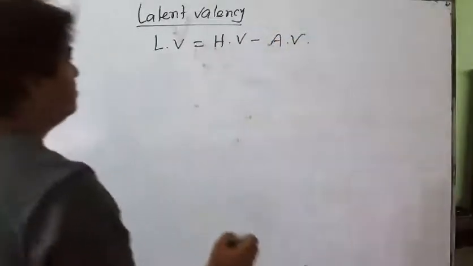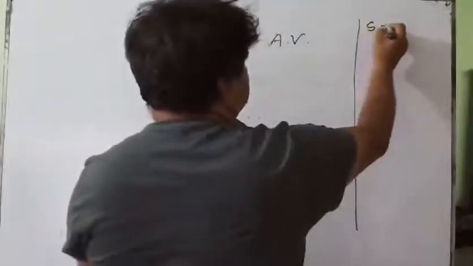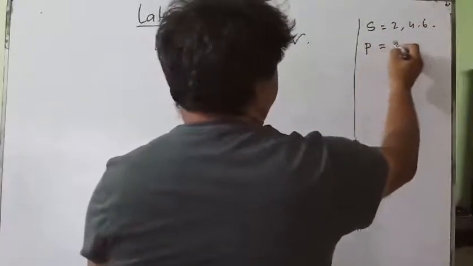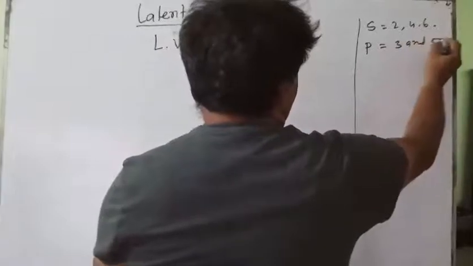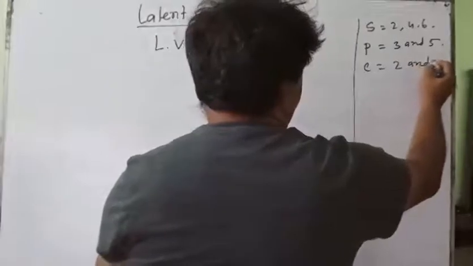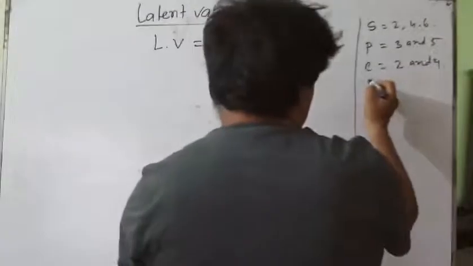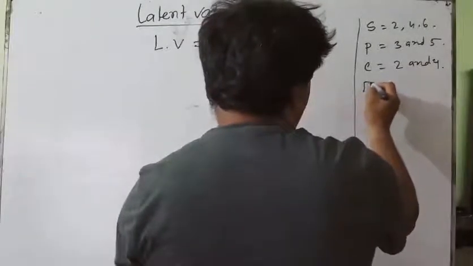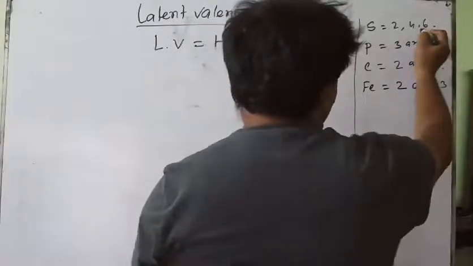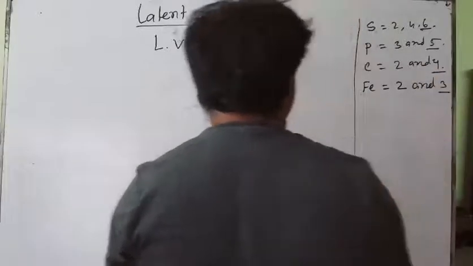So already we know the highest valency of some elements like sulfur 2, 4, 6, phosphorus 3 and 5, carbon 2 and 4, iron 2 and 3. So the highest valency of sulfur is 6, phosphorus 5, carbon 4, iron 3.